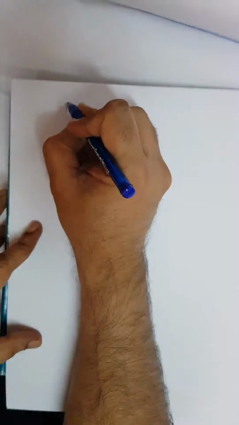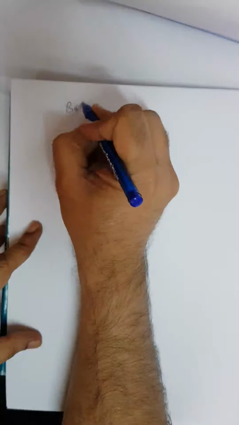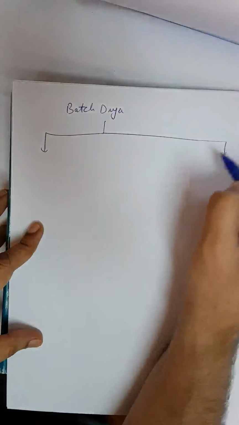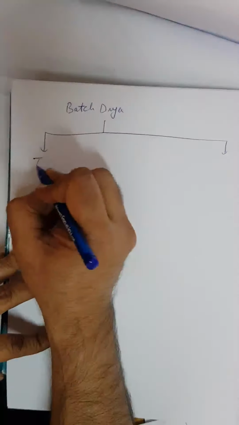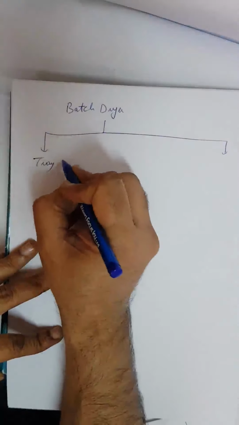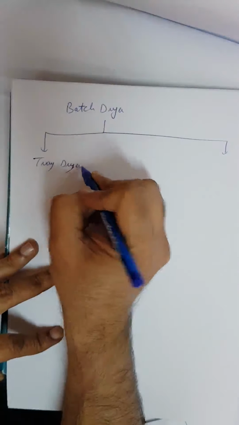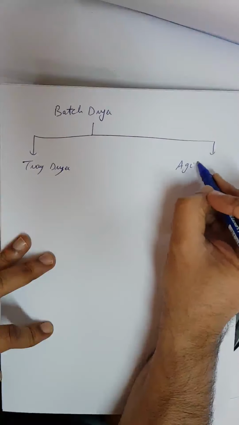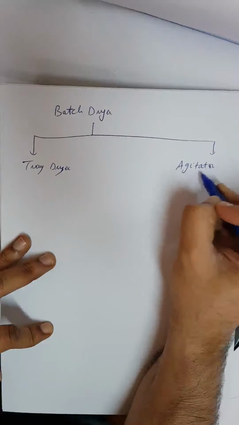Then let's see batch and continuous. We have batch dryers. There are two types of batch dryers. One is called tray dryer, and another one is called agitated dryer.